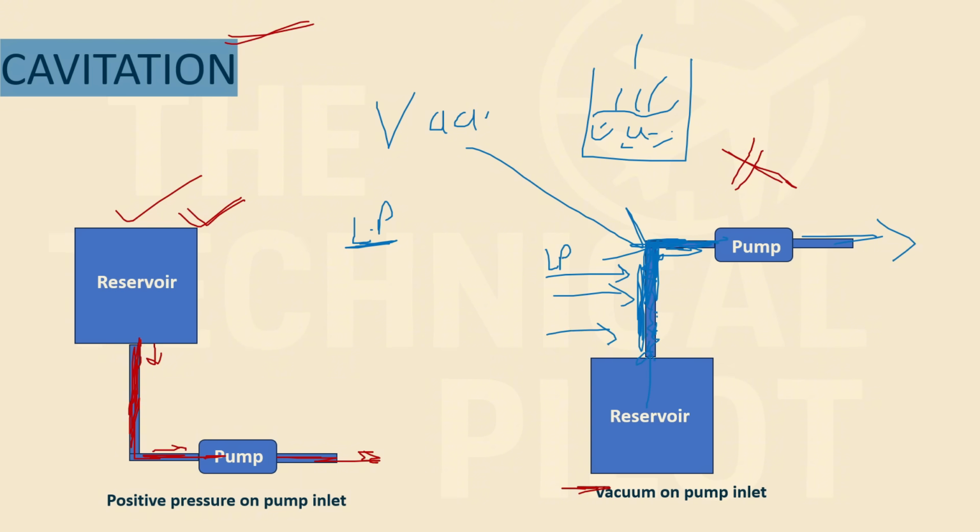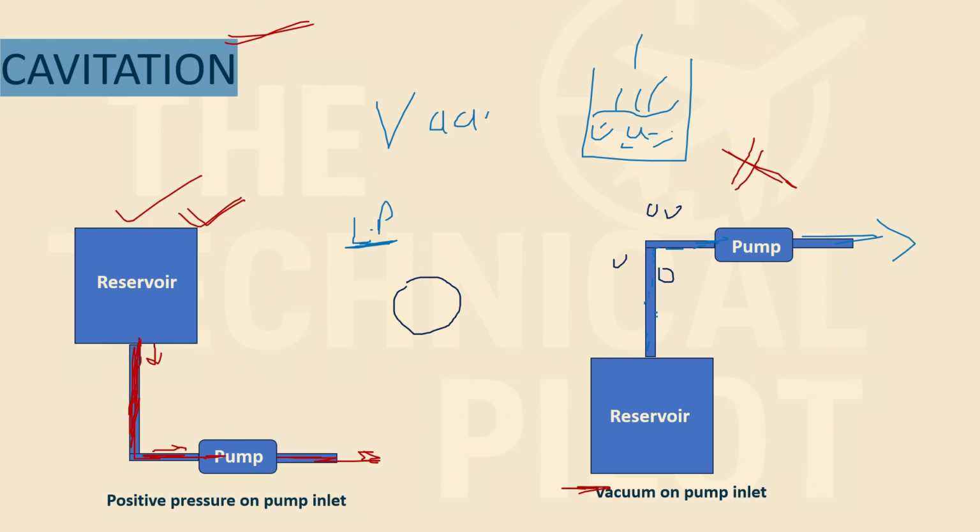So the fluid will boil and will create bubbles, and those bubbles tend to implode. Implosion is exactly the opposite of explosion. Explosion is when it explodes outside. So there will be bubbles in this pipeline, and when these bubbles implode, that will cause a lot of damage to this pump.